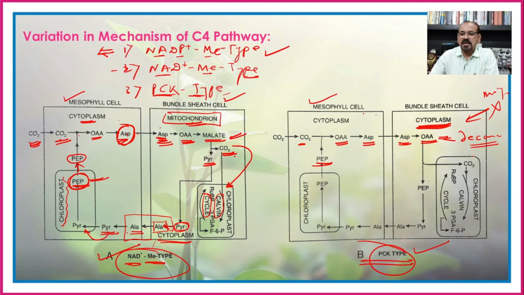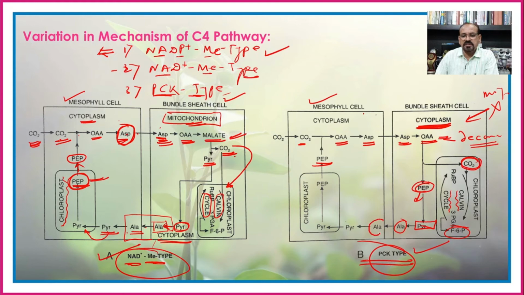After the decarboxylation, there is a formation of carbon dioxide and phosphoenol pyruvic acid, and the carbon dioxide enters into the Calvin cycle, and there is a formation of fructose 6-phosphate, which is used for the synthesis of sucrose and other carbohydrates. The remaining phosphoenol pyruvic acid converts into pyruvate or pyruvic acid. From pyruvic acid, there is a synthesis of alanine.